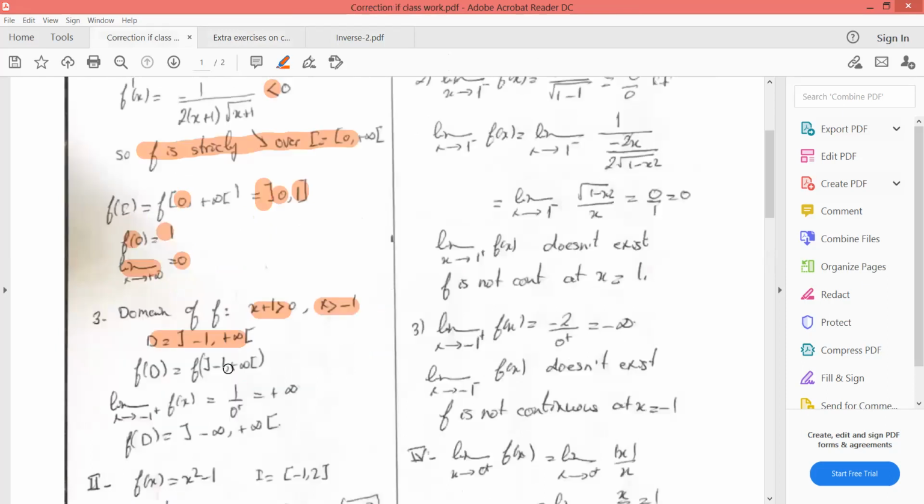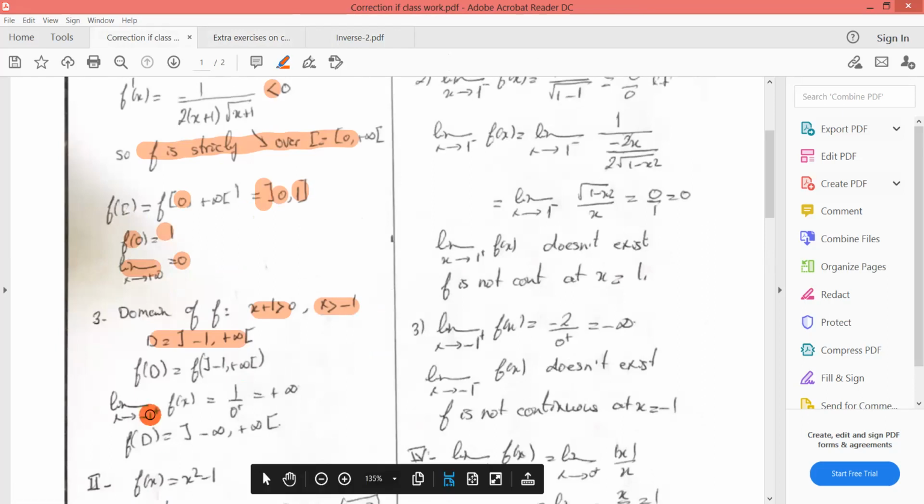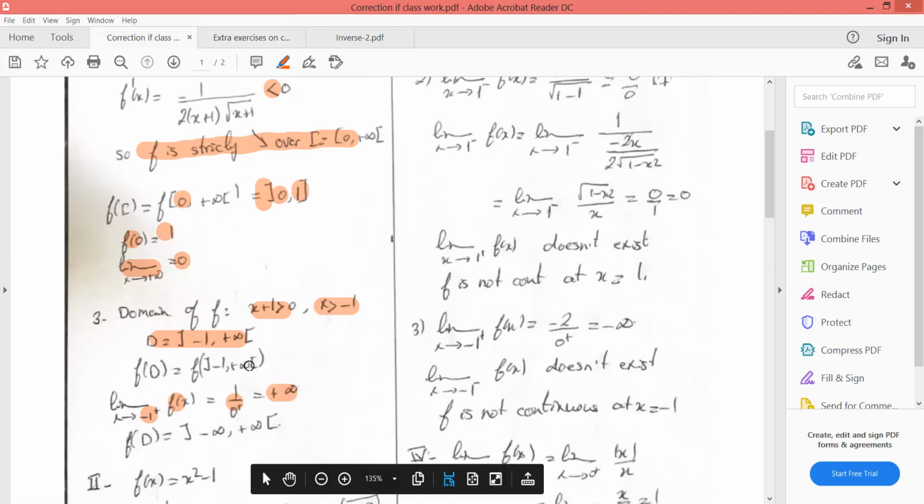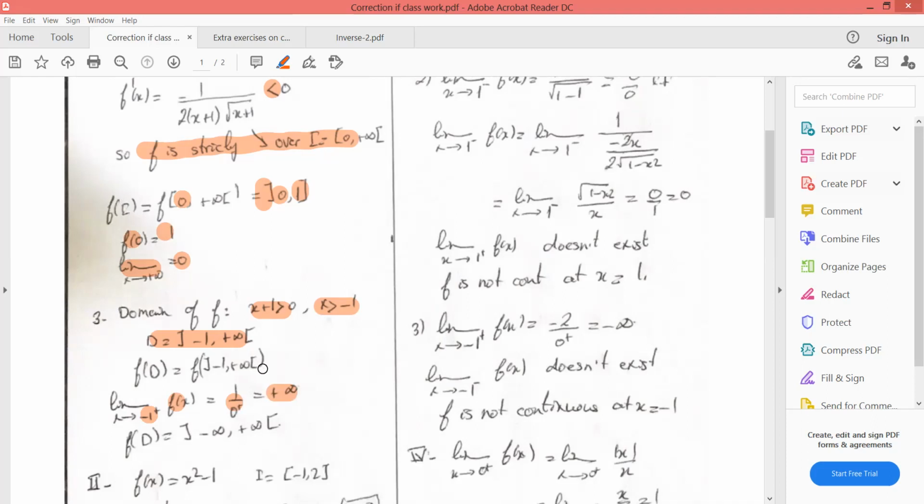Let's find the value at minus 1. The limit as x tends to minus 1 plus of f of x: we get 1 over 0 plus, which equals plus infinity. And at plus infinity, what is the limit? 0. So this was wrong. At plus infinity we get 0.